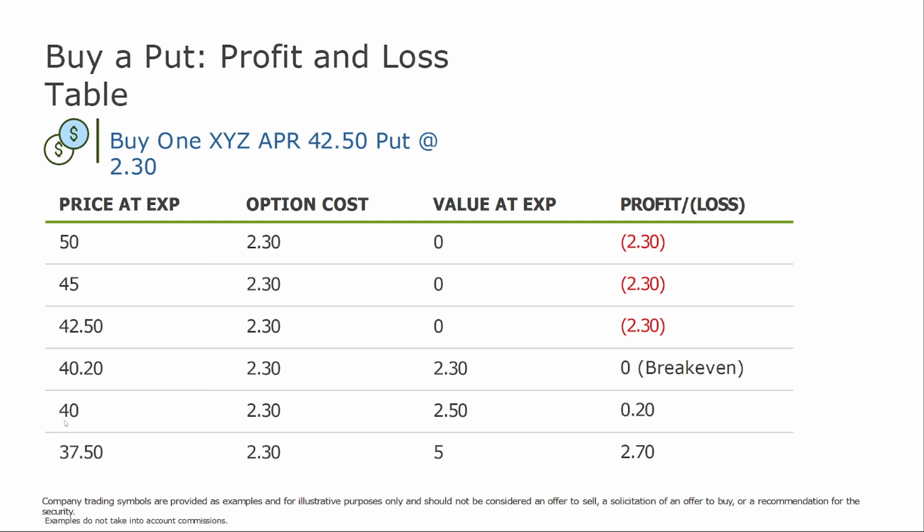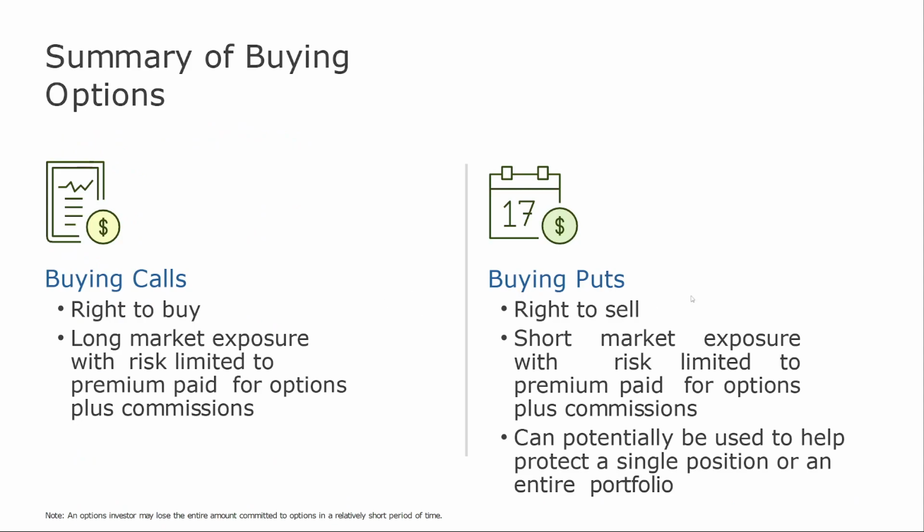So it's giving you the possibility to sell the asset at 42.5 and buy back at 40. That's how you make the profit with the sale. So we can short the market with a risk limited to the premium paid, and it can help us to protect against a single position or the entire portfolio by buying puts.